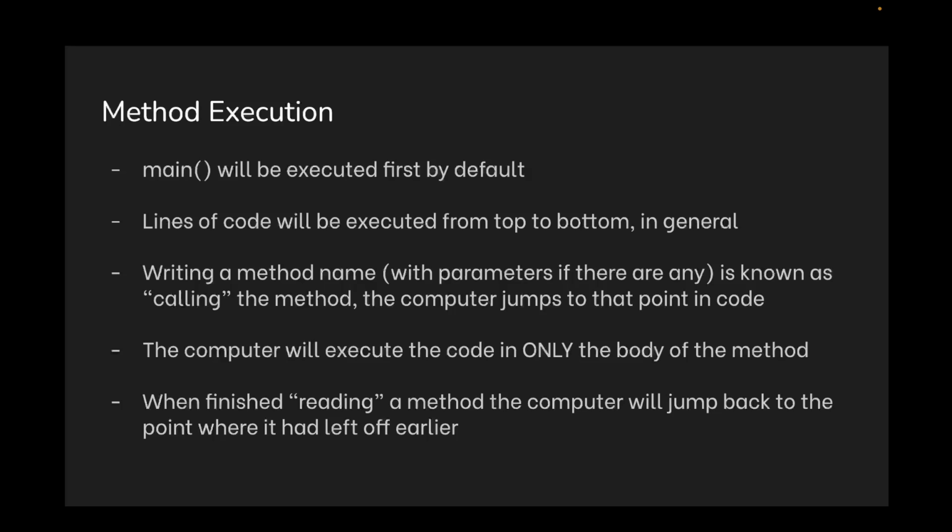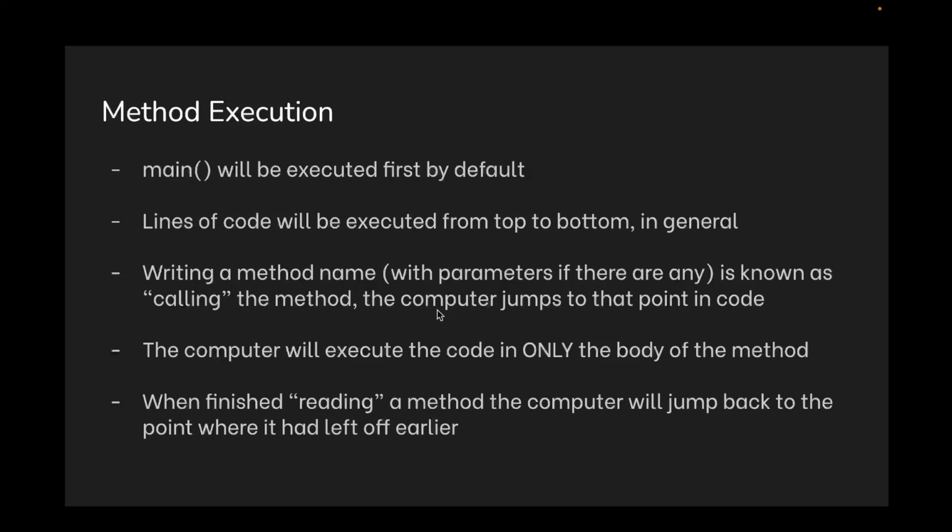We covered loops last time. In that case, we would go from top to the bottom of the loop and then we would go back to the top of the loop until that loop was finished running. But after that, we would go to the bottom of the loop and then go back down. And then writing a method name with parameters, if there are any, is known as calling the method. The computer jumps to that point in the code.